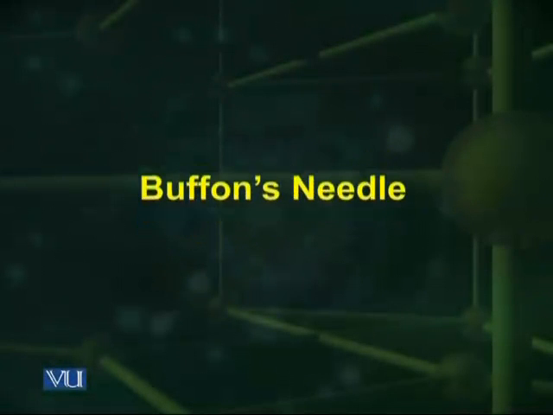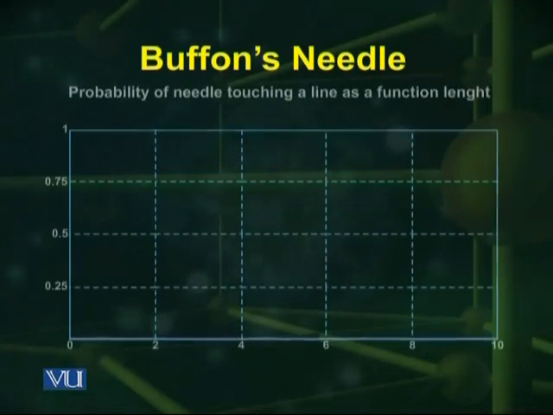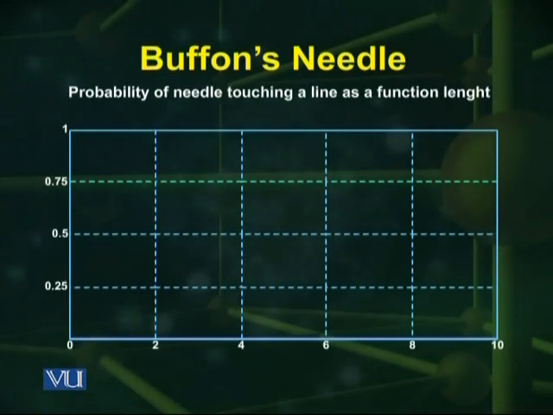So if length is the same as the spacing between lines, we are going to assume a relative length of 1. And when it is 4 times the spacing between parallel lines, we are going to assume a relative length of 4. I have found these probabilities, and you can see the relationship on the next slide.